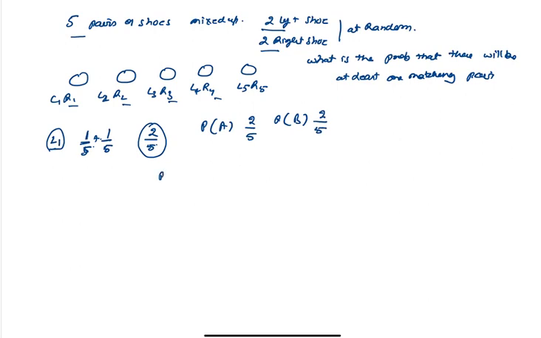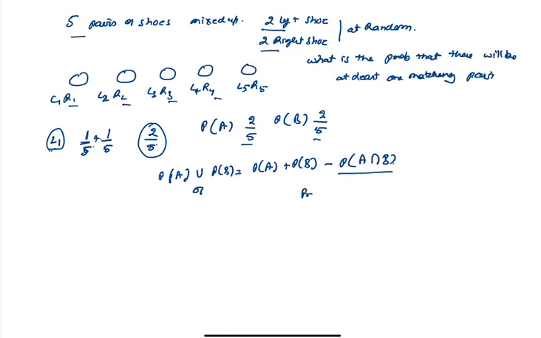So probability of A union, which means OR, B, is probability of A plus probability of B minus probability of A and B. So this one was easy. How do we get this?